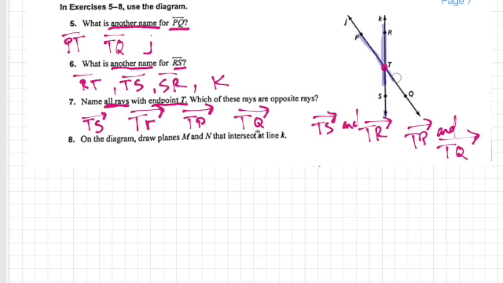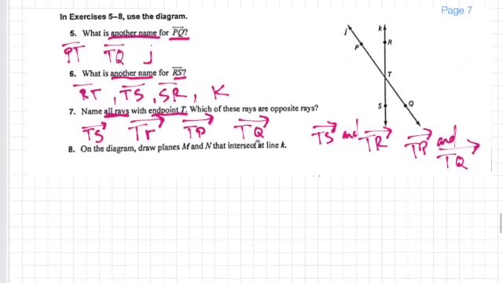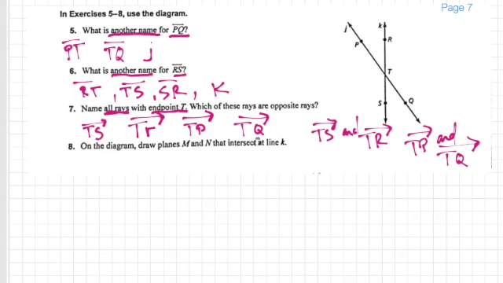And the last question, let's take a look at this last question here. So on the diagram, draw planes M and N that intersect at K. So I need two planes that are going to intersect on this line, right?